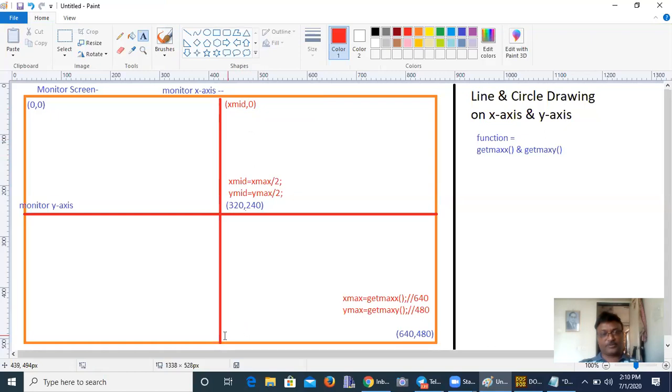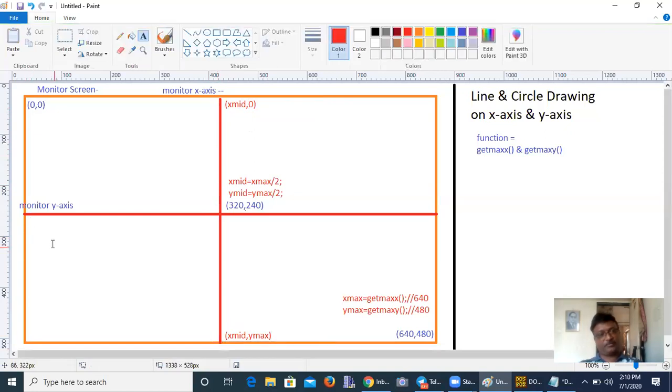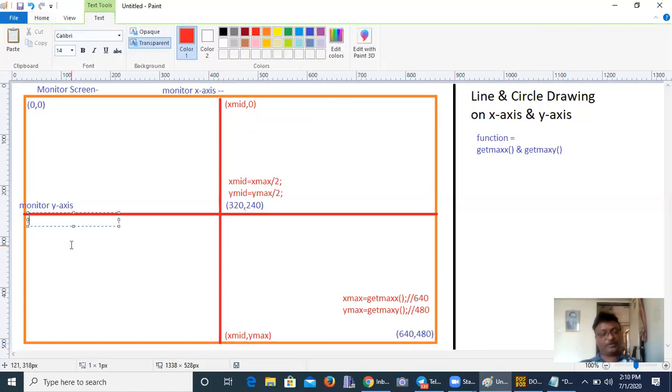And what are the coordinates of this point then? Because I am incrementing only y, this is my ymax, so there is my y-axis. Now what about this value? Here I am incrementing which point? Y, so this becomes 0.